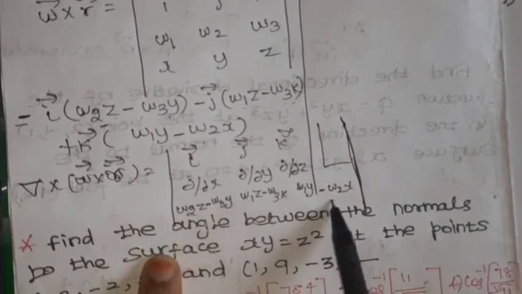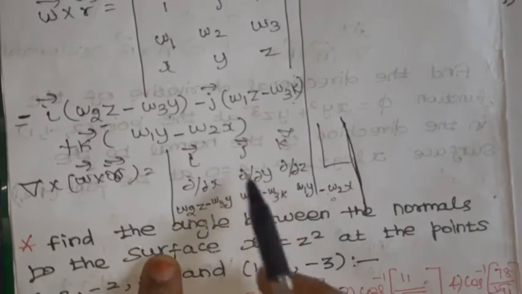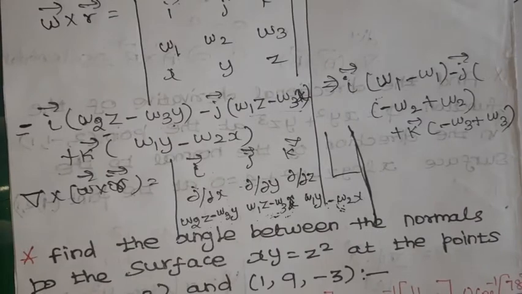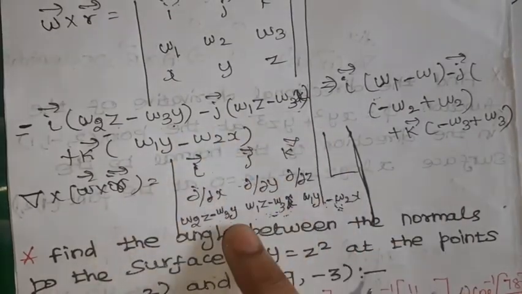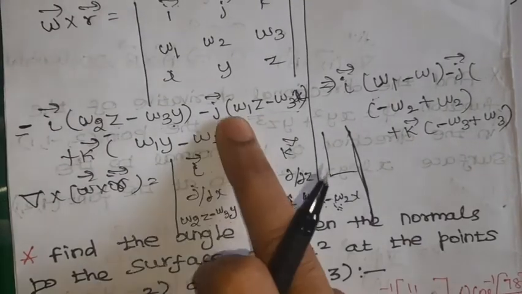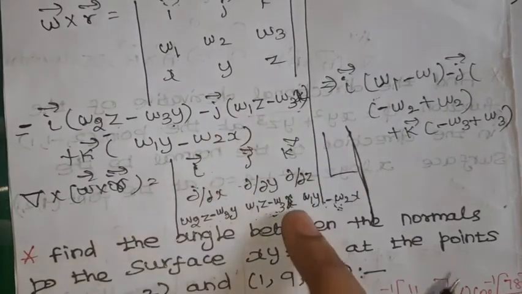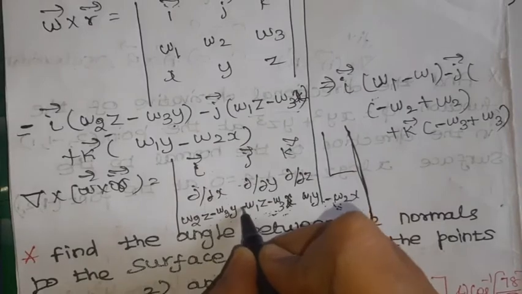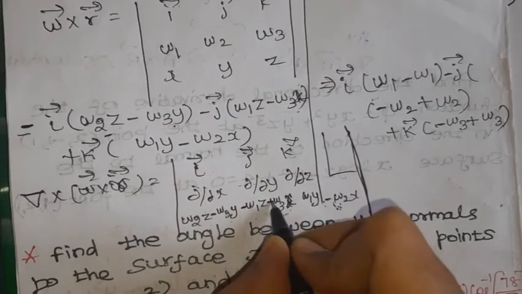So i into ∂/∂y of this. When we differentiate ∂/∂y, what will we get? Here for j, this is minus w1z, minus w3x, so minus w1z multiplied, this is plus 1.